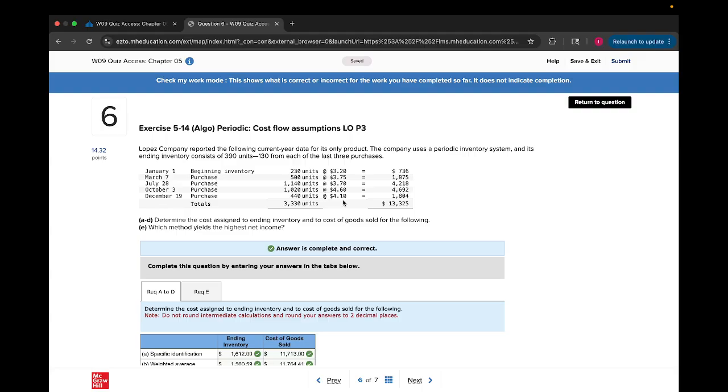We take July 28th, and we do 130 times its 3.7 price, and we get 481. We take October 3rd with its 130, and multiply it by its 4.6. That will give us 598. Finally, December 19th, we take its 130 and multiply it by its 4.1, and that will give us 533.